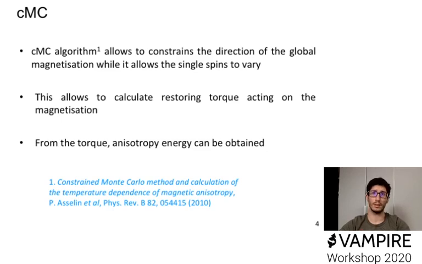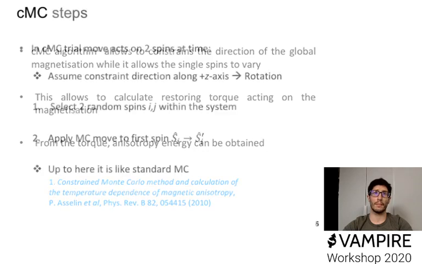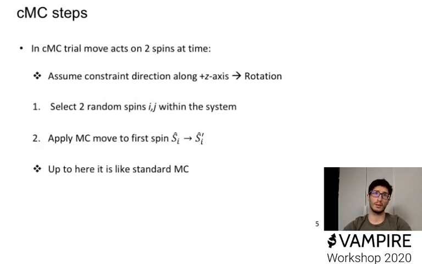Now, more details on the approach can be found in this paper, which you can also find a link for on the Vampire website in the support section. So how does this Monte Carlo work? Well, this constraint Monte Carlo works with two spins.